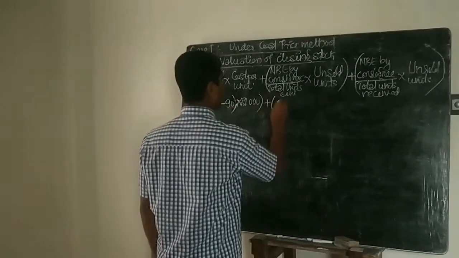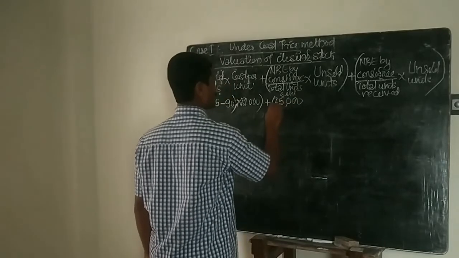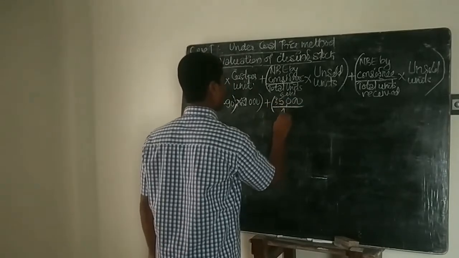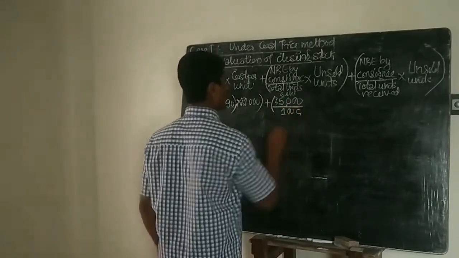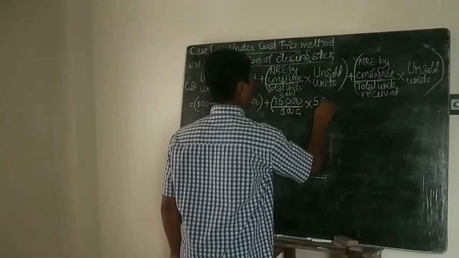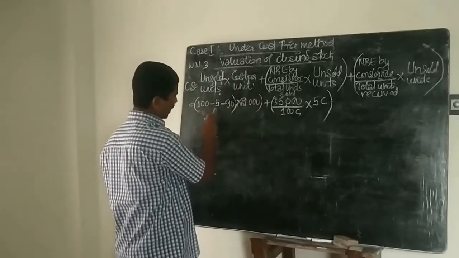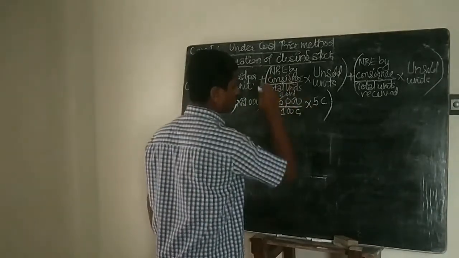The non-recurring expenses incurred by the consignor is rupees 5,000 divided by total units sent, 100 cycles. I will write in short 100C into 5C. Why is this 5C? 100 minus 5 minus 90. So the answer will be 5C here.